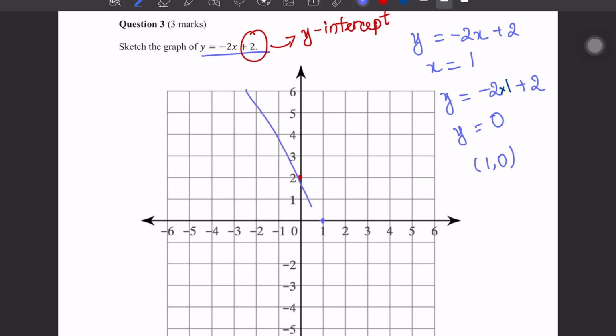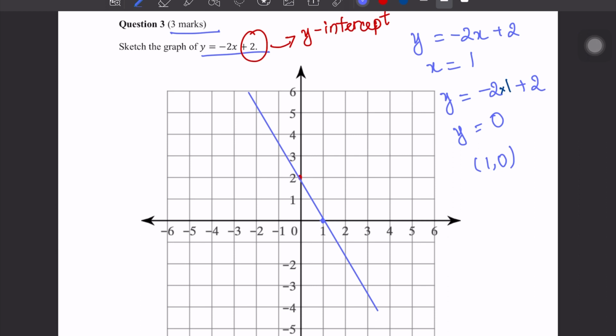And let's draw a straight line through these points. Not really straight. In there, it has 3 marks: 1 for correct answer, 1 for correct method, and 1 for correct sketch.